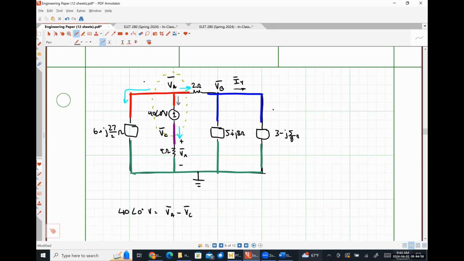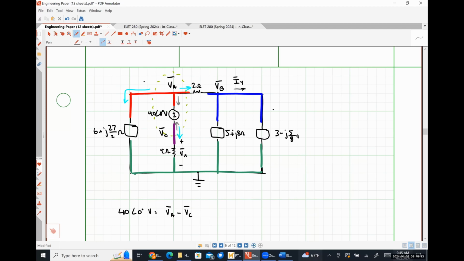When I do KCL at node C, I would have the current flowing up through the voltage source, as well as the current flowing down. If I add those two KCL equations together, the two currents that I've labeled in gray cancel each other out because they're the exact same current, but they're flowing in opposite directions. Why can I add two KCL expressions together? Because 0 plus 0 is always equal to 0. So this is just a shorthand way of lumping all of that analysis into a single expression.